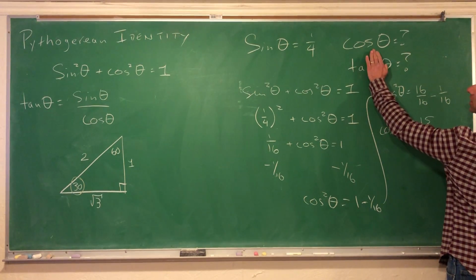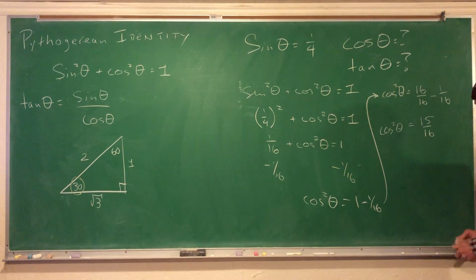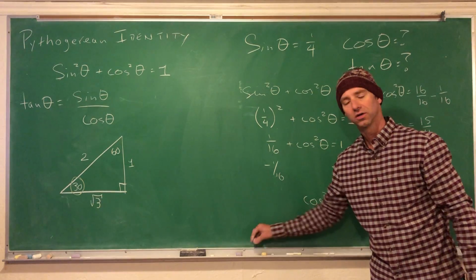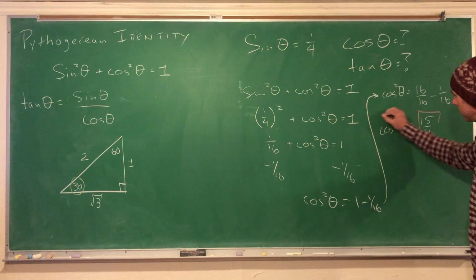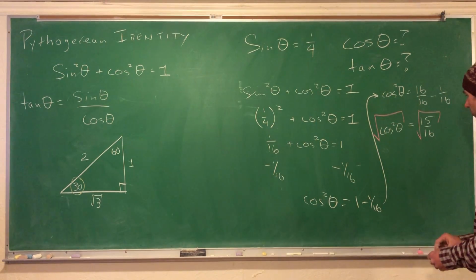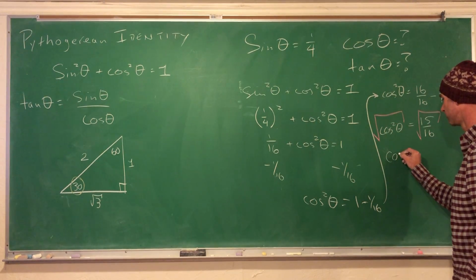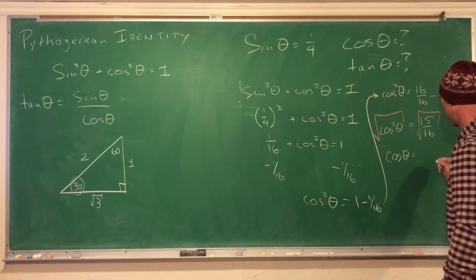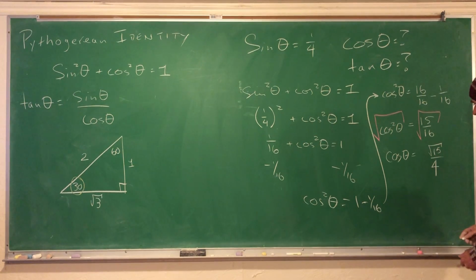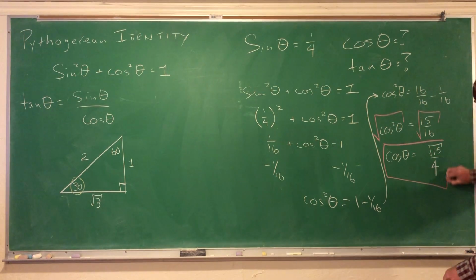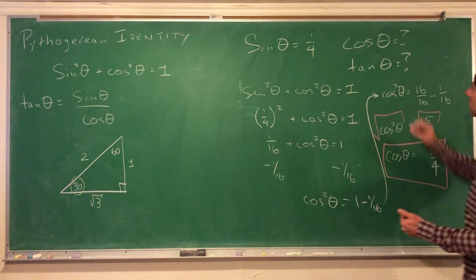This is cosine, and this is cosine squared. So we need to take the square root of both sides. Cosine theta is going to be root 15 over 4. Okay? So cosine theta is root 15 over 4. So we got this one.